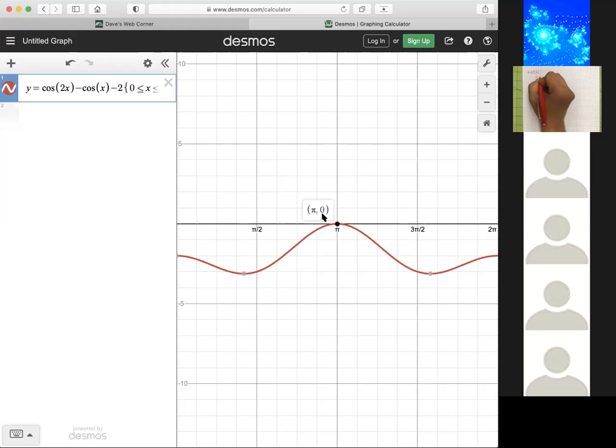Here's 2 times the sine of x plus the cotangent of x minus the cosecant of x equals 0. Let's try this problem. So they want all solutions in radians between 0 and 2 pi.